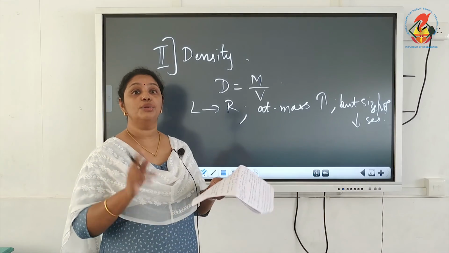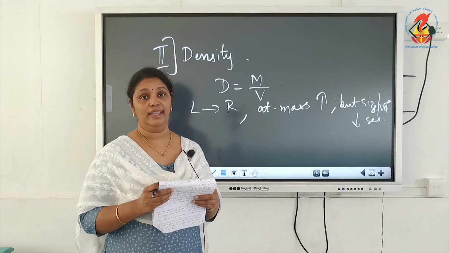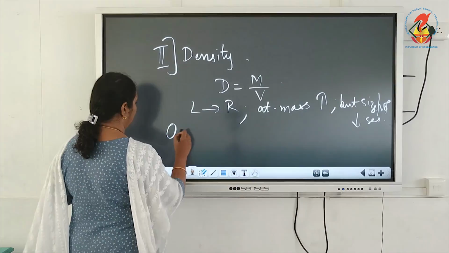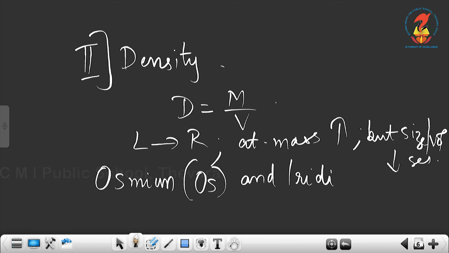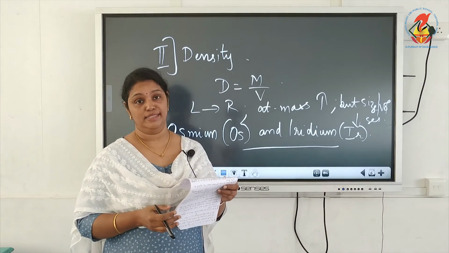Now, the two elements which are most dense in transition series is osmium and iridium. The symbol of osmium is Os, and iridium symbol is Ir. These are the two elements in the transition series which are the most dense elements.